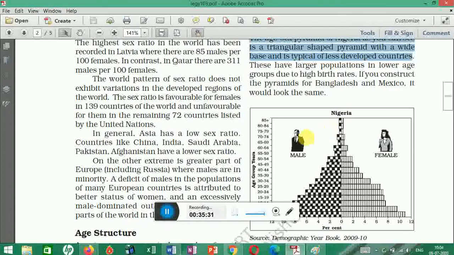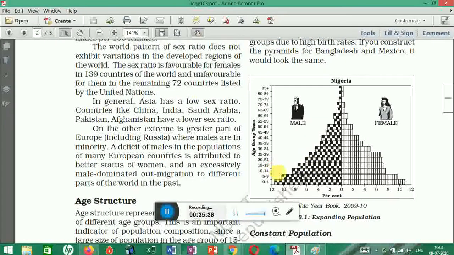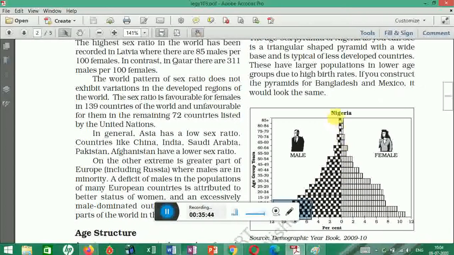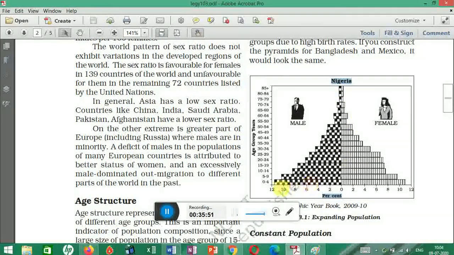In this age-sex pyramid, the base is very wide and the top is very narrow. It means that there is a larger number of children here. Between 0 to 4 years, so many children are there.